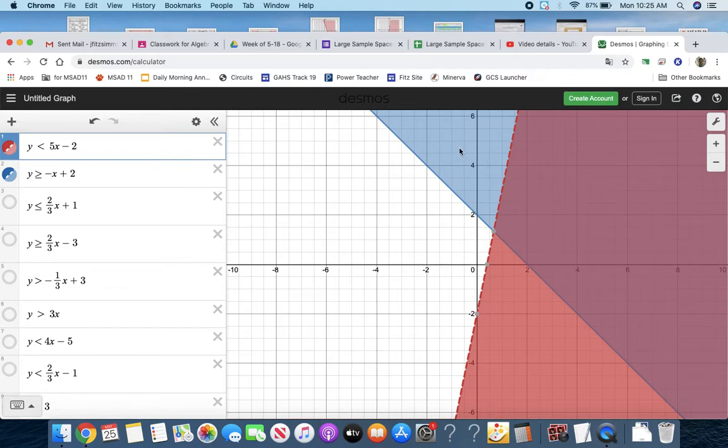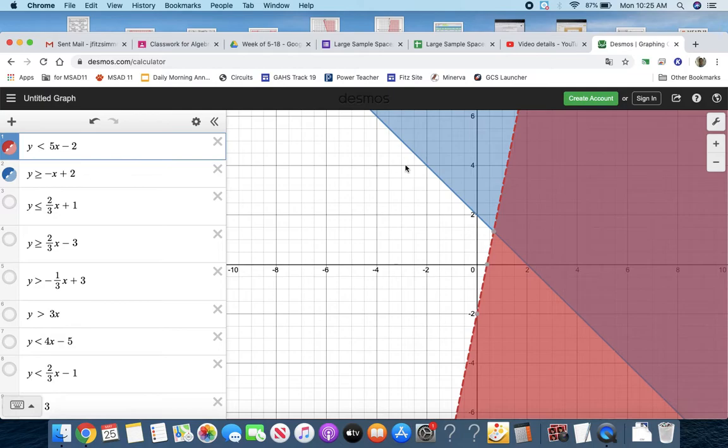Because this part only worked for the blue color, this part only worked for the red, but this part worked for both of them. So when I look at the solution to this particular system of inequalities, anything in this purplish region is going to work for both of those statements.